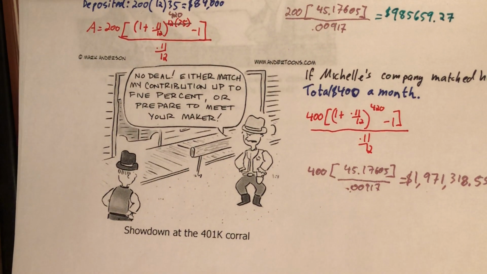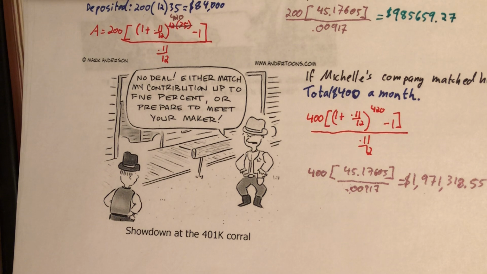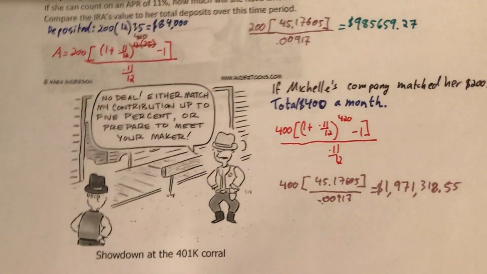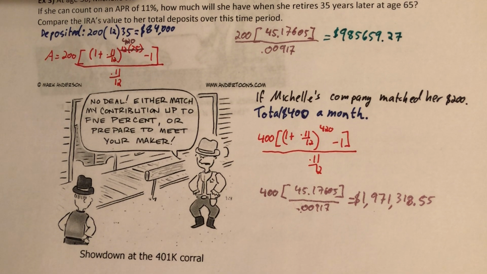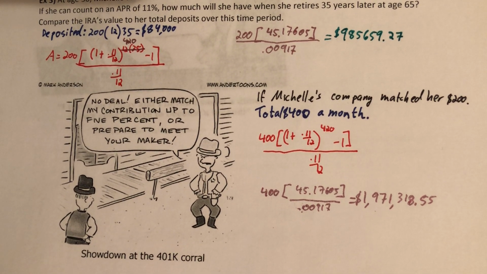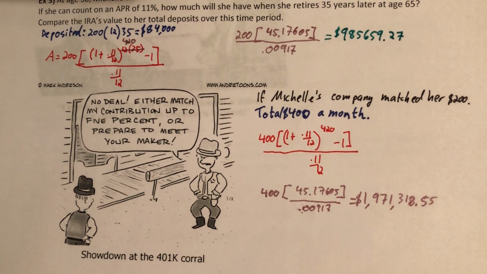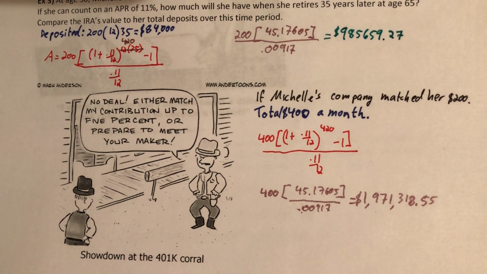The other thing is a lot of businesses will actually match a contribution. So if you're having a showdown at the 401k corral, they want to match your 5%. So just quickly, if Michelle's company had matched her $200, that would have given her a total of $400 a month, but the other $200 came from her company, so she actually still only had $84,000 of her own money in there, but with her company matching it, she's at $1.9 million, almost $2 million, simply by having her company match her $200 a month.